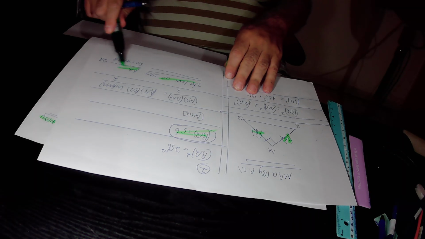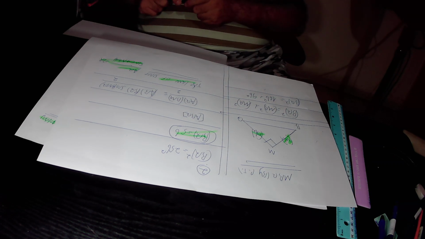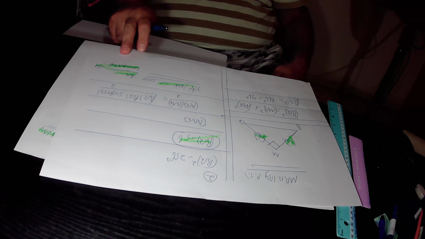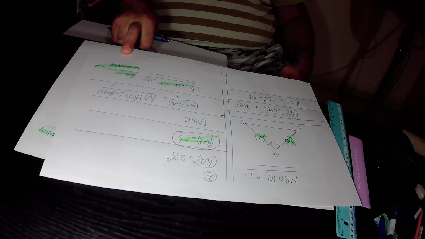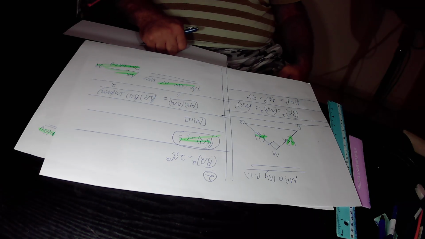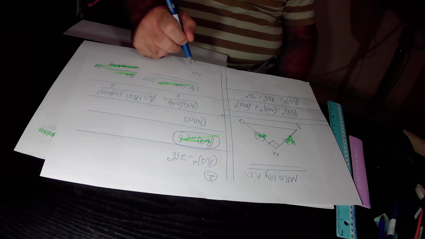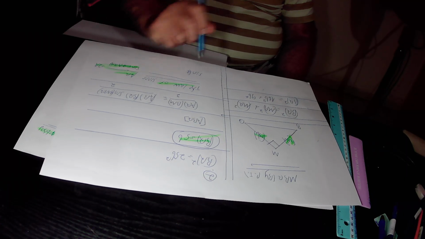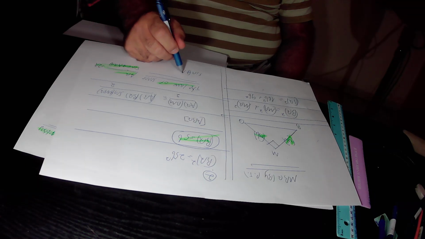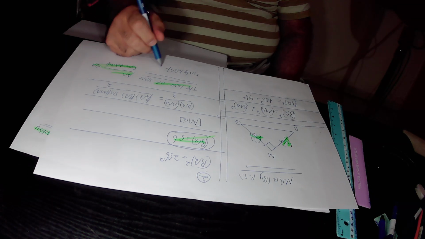Here we will multiply this equation by sine angle ABQ, and we divide it by 2r in order to find out the value of sine angle ABQ. And we get that sine angle ABQ is equal to AQ over 2r.